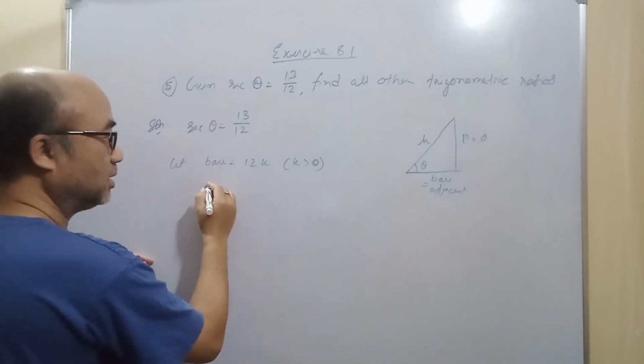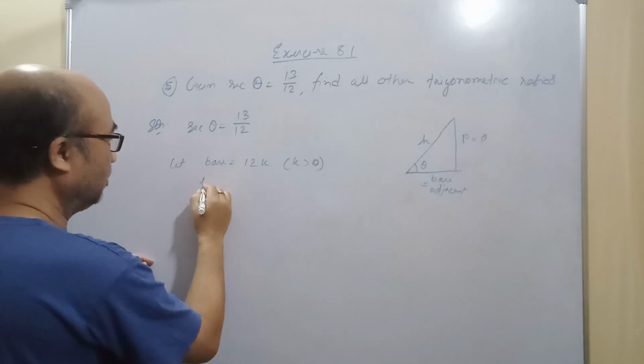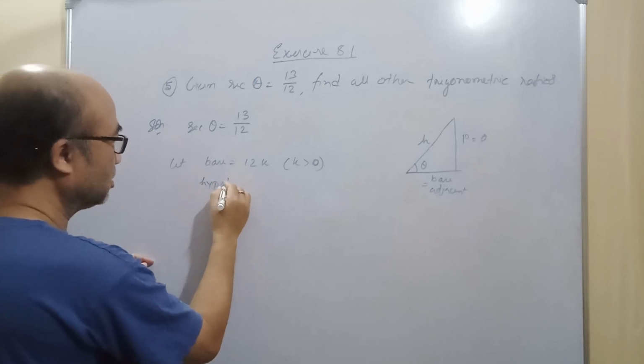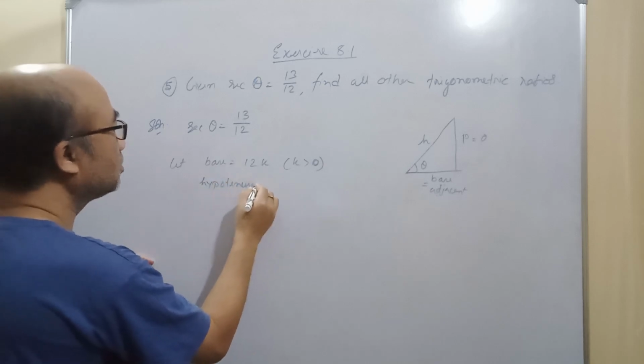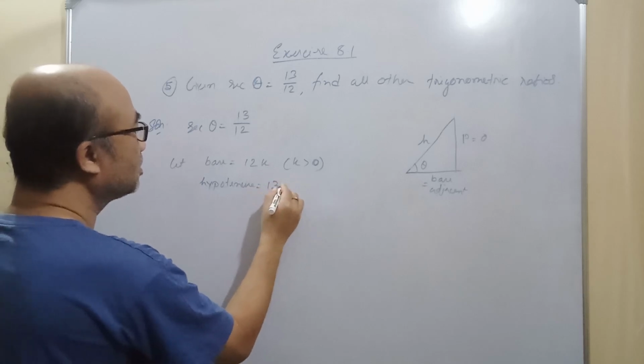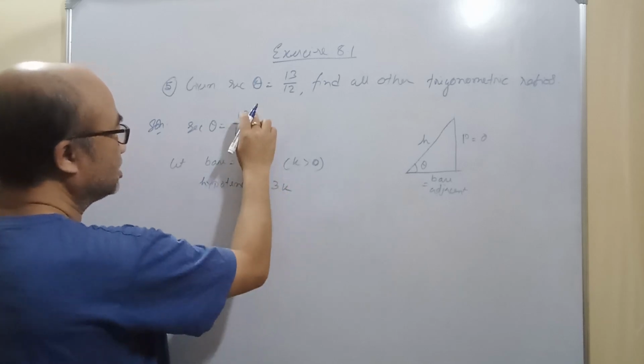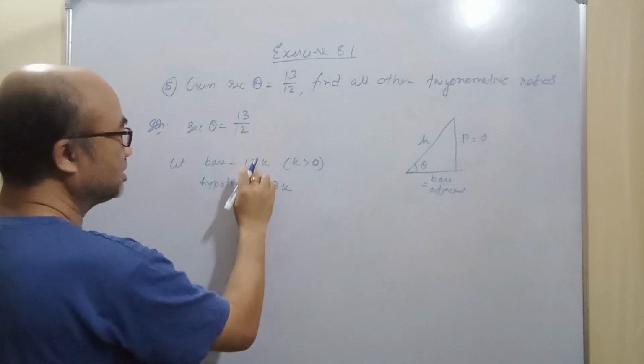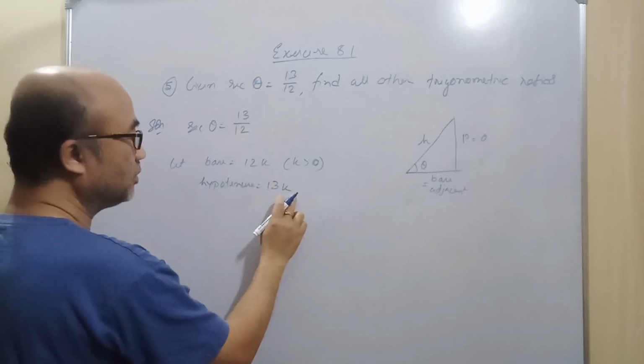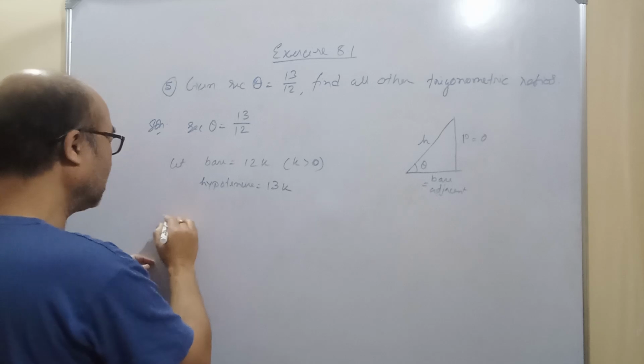Then hypotenuse will be 13k. This is hypotenuse, this is base. If this is 12k, then hypotenuse will be 13k.